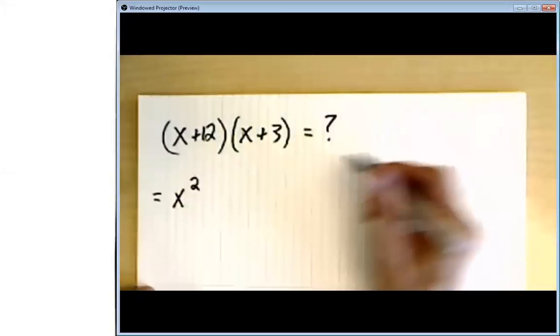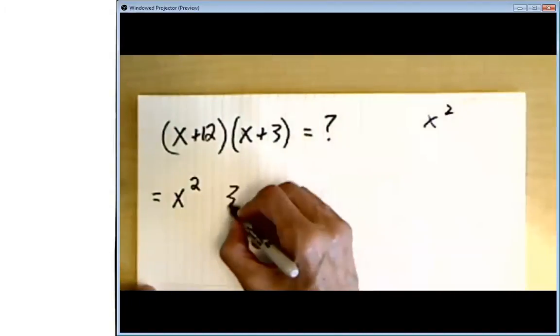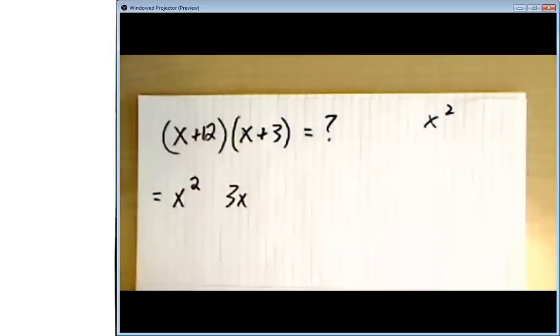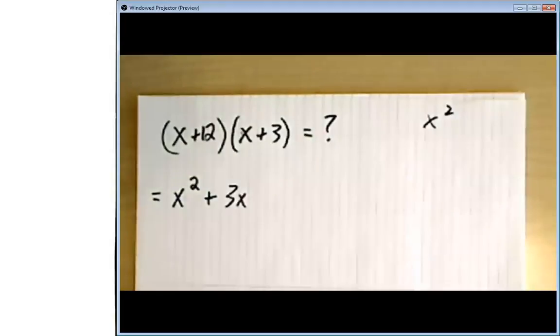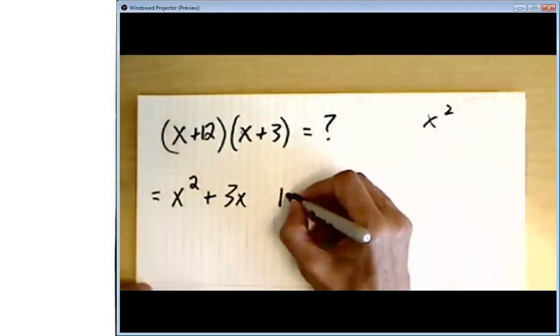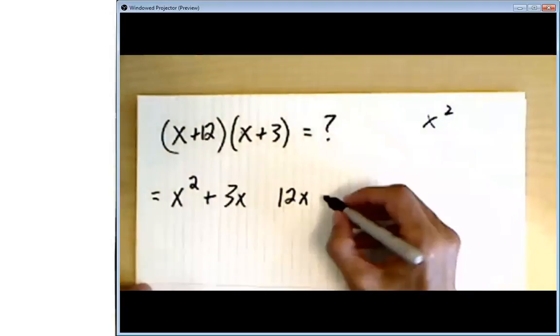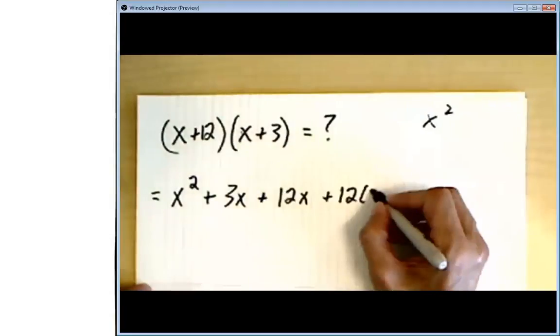I'm hearing 3 things. X squared, yeah, I heard 3x plus 3x, nice, and 12x also plus. Also a plus, yeah. And 12 times 3, I heard. So I'll write that down.